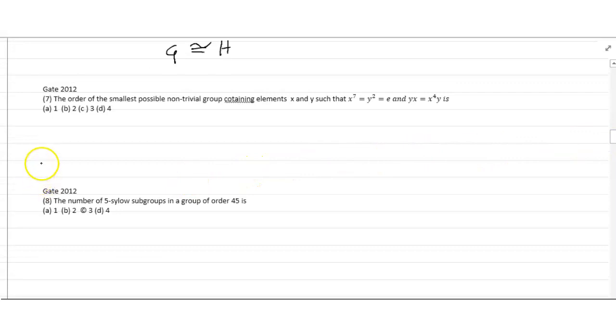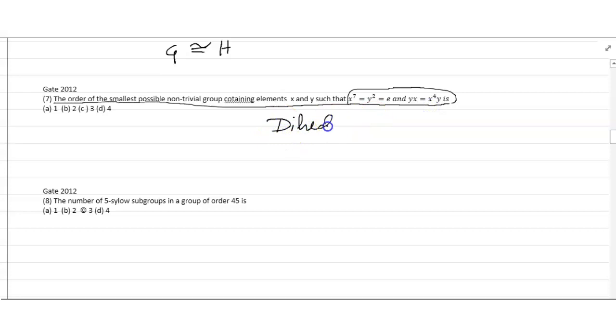Now we are going to discuss the order of the smallest possible non-trivial group containing elements x to the power 7 and y square equals e, yx equals x to the power 4 y. So friends, this type of problem, you must remember when we get the dihedral group.